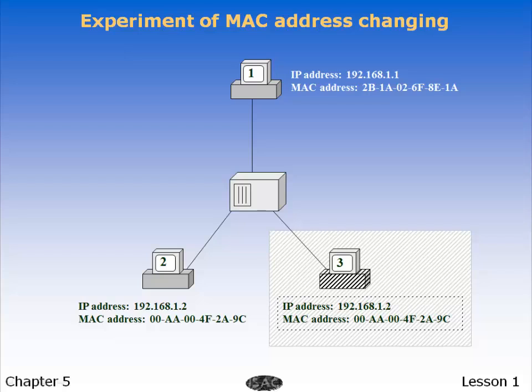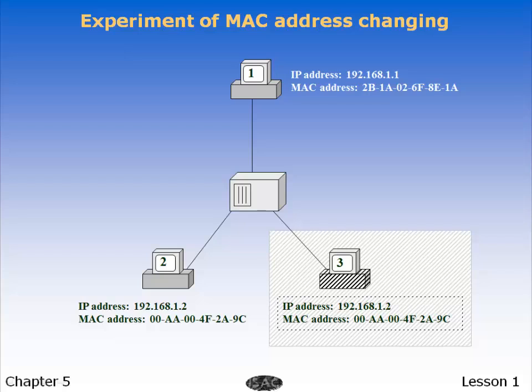If you don't remember, hubs are layer 1, physical layer devices, and switches are layer 2 or data link network devices. So at first, two computers were connected to that switch. Only two computers were connected to one switch. So the first one and the second one.